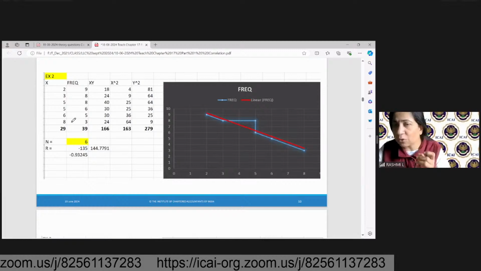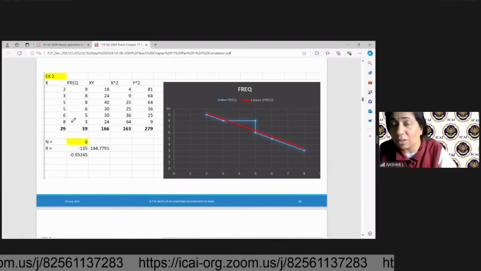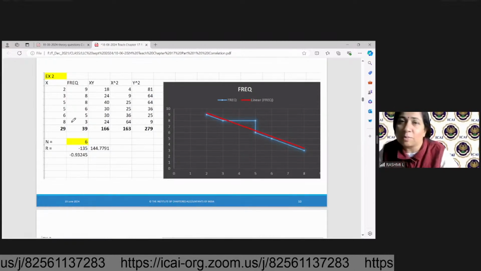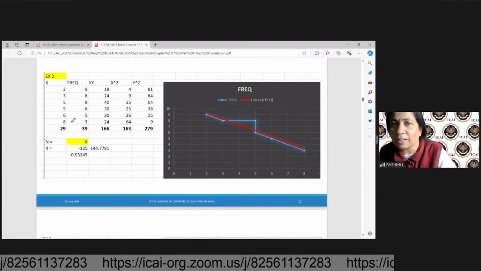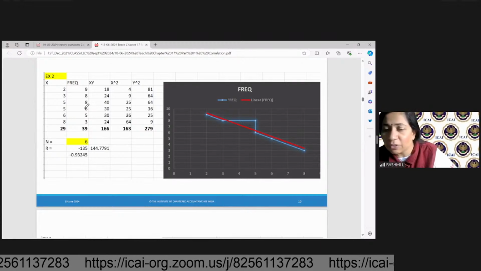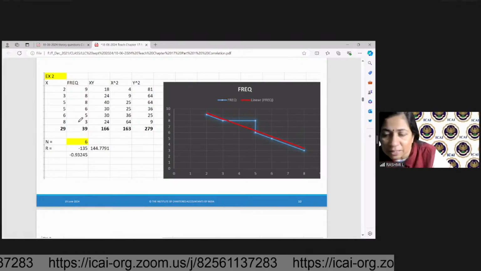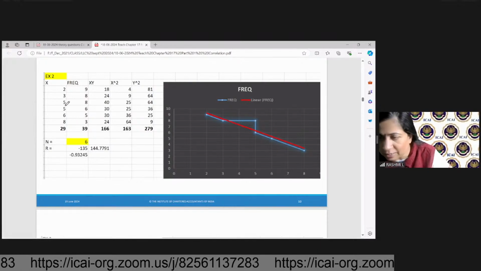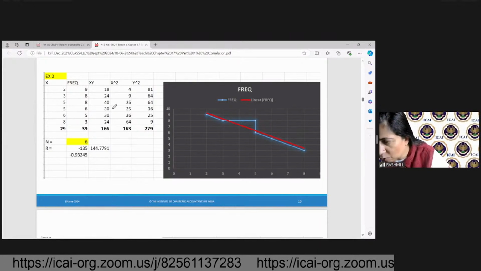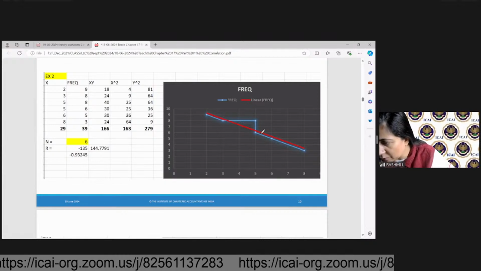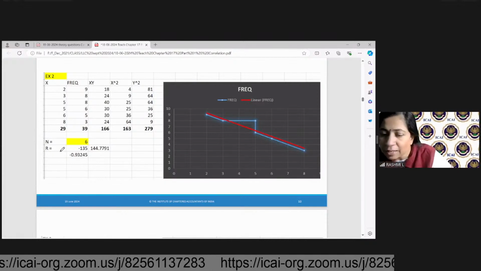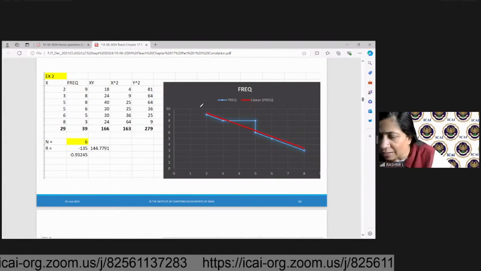So we are going to do the sums, but just once, because we don't have the time to draw the graphs, etc. So I've just drawn it for you for your reference. Suppose this is my x and this is my frequency for that x, and I plot them. The blue ones are the plotted ones. Then I find an R and draw the line.